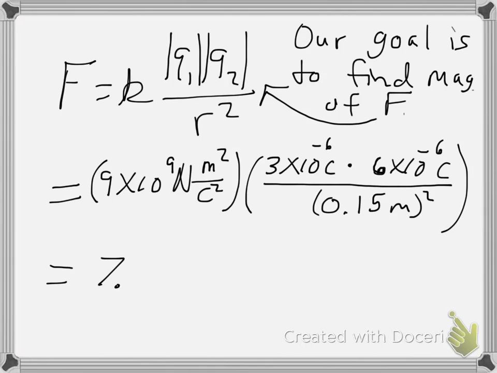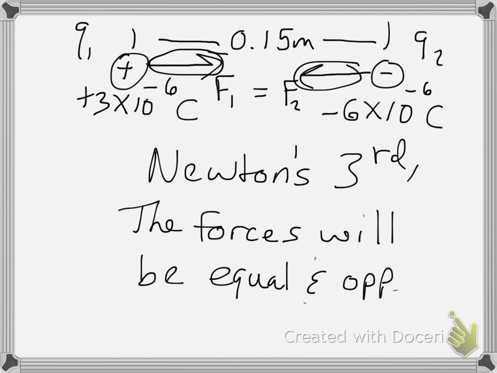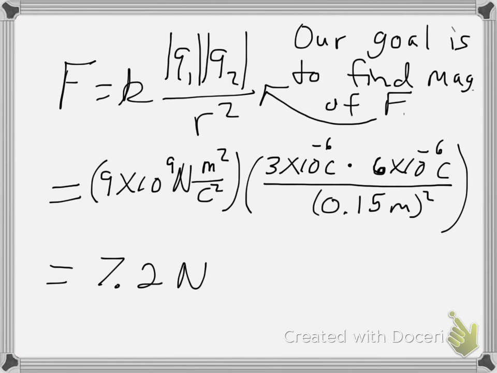This is just 7.2 newtons. Then it would depend on whether we're looking at the force on Q2 from Q1, or the force on Q1 due to Q2, as to which direction things would be moving. But that is the magnitude. So that's our first problem.